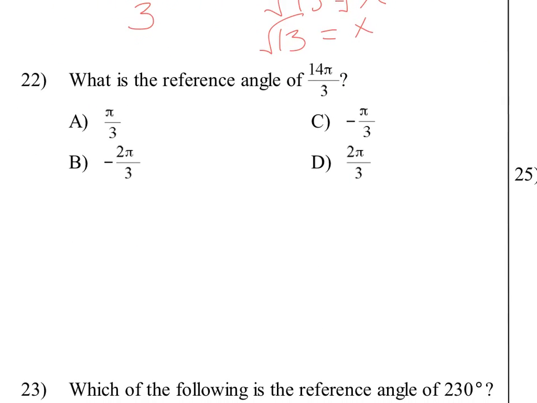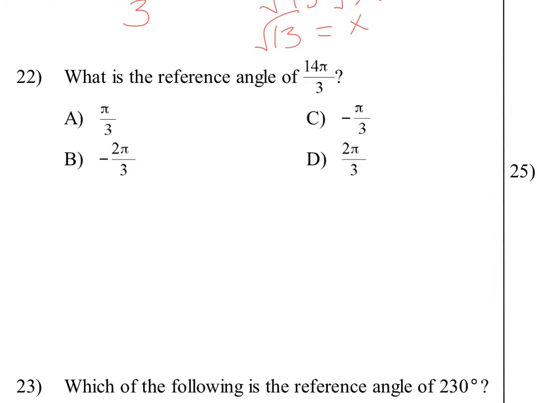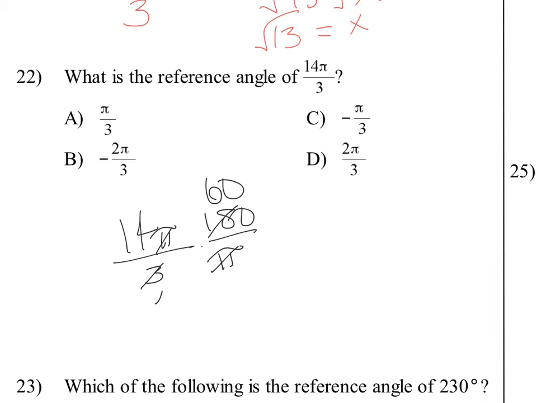Next, 22. What is the reference angle for that? So we do have to convert that first. 14 pi over 3 times 180 over pi. The pi's cancel out. This is 60. 14 times 60 is 840. Okay, so remember the steps for finding the reference angle.